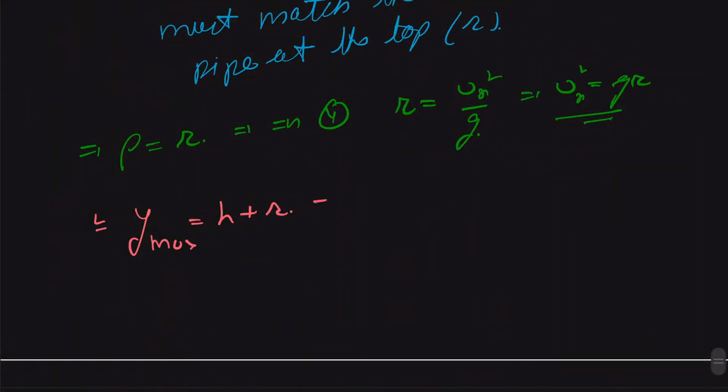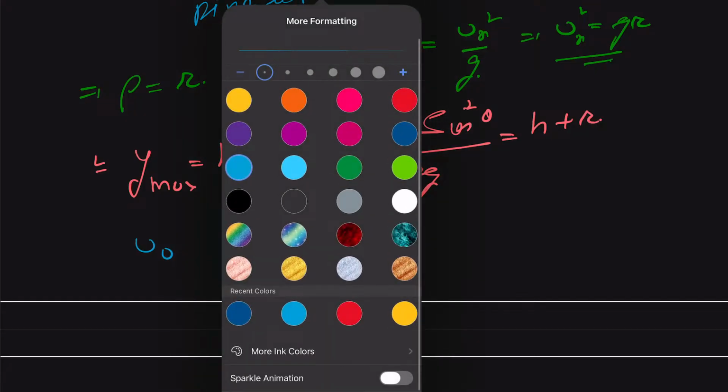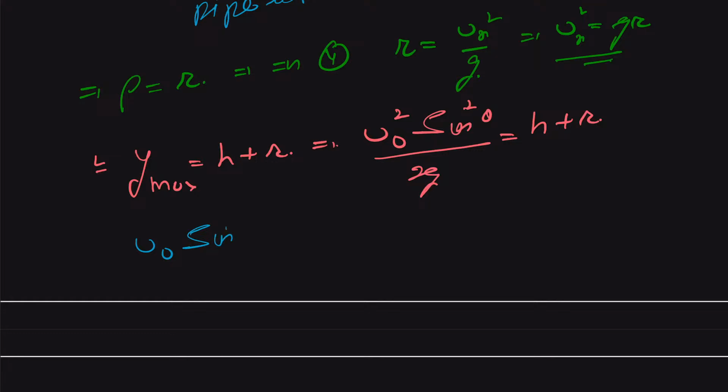Substituting it here, we get v naught square sin square theta upon 2g is equal to h plus r, or we can write this as v naught sin theta whole square is equal to 2g times h plus r. And we know that v naught sin theta is nothing but the y component.